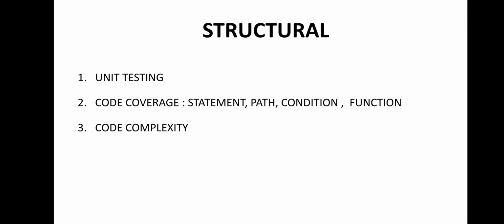When we consider this as a graph, we convert it into nodes and edges. Then there is a particular formula to calculate the cyclomatic complexity. Please note down that E minus N plus 2 is equal to the cyclomatic complexity of the graph.